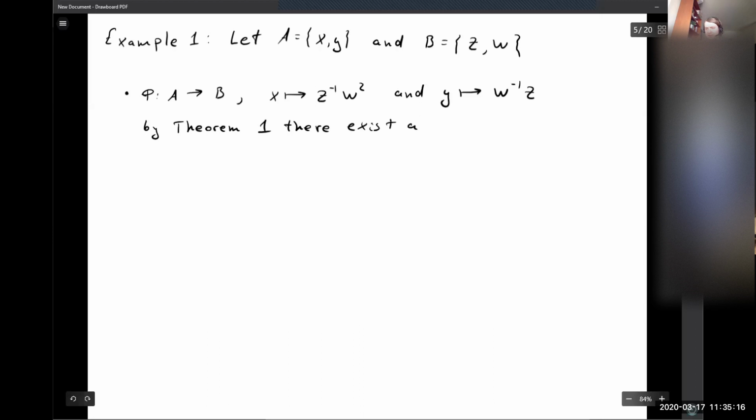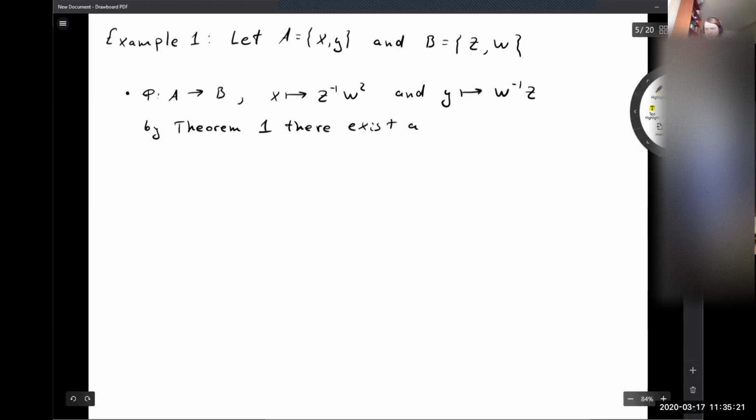Of course, this will be a map not from A to B, but this will be a map from F of A to F of B. There exists a unique such homomorphism.